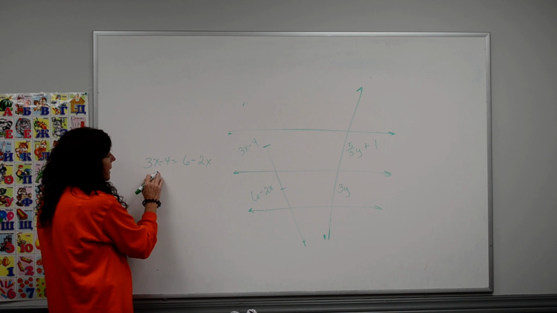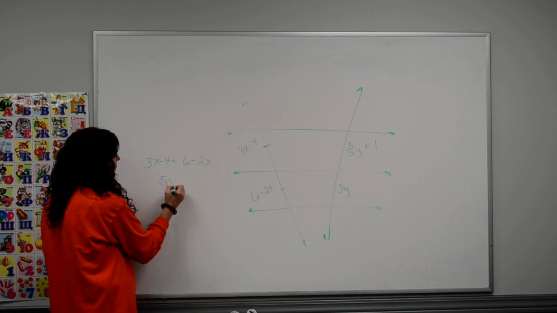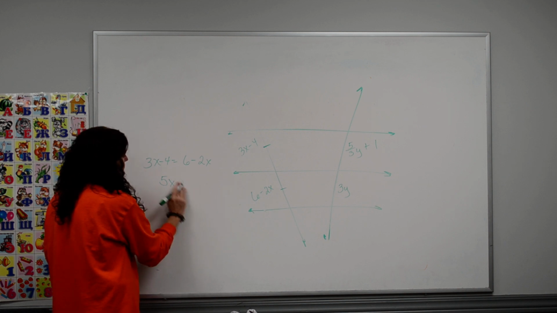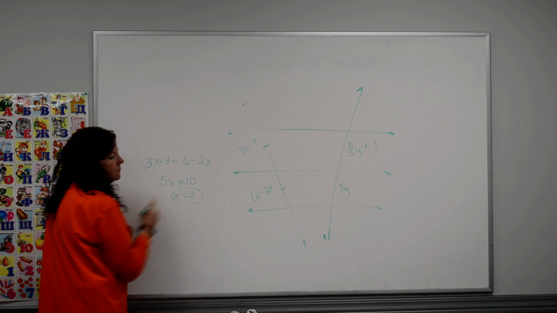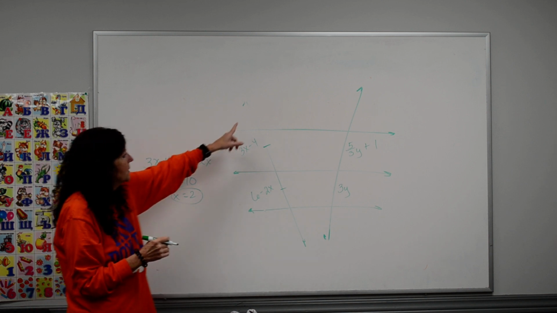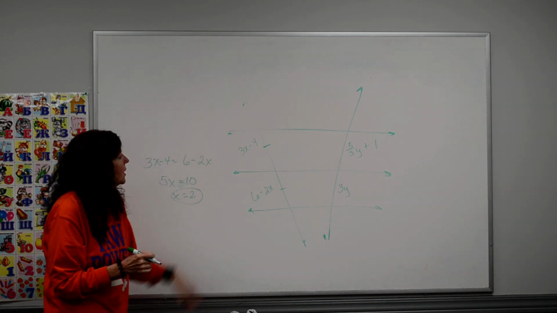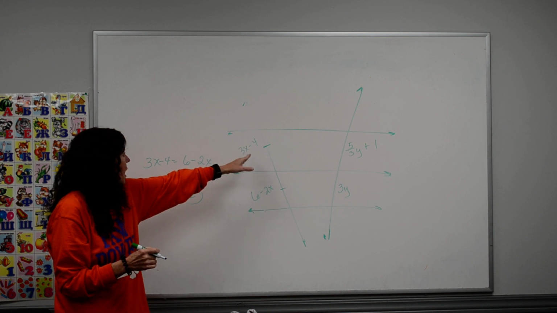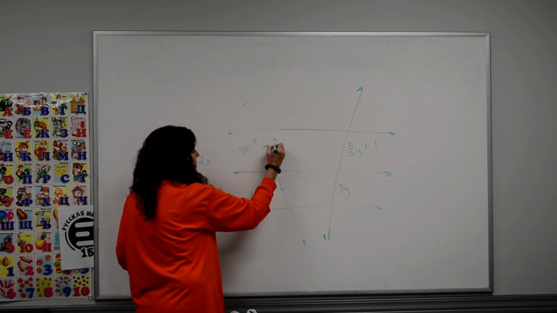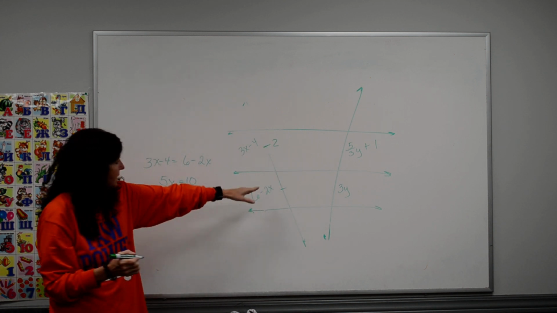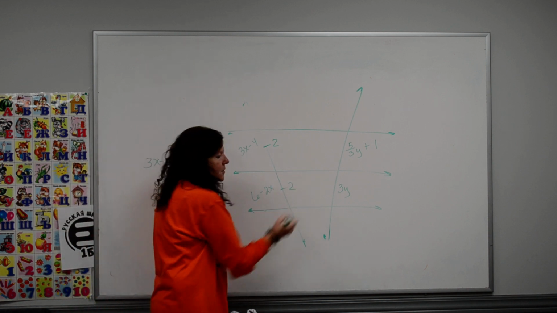I'm going to add the 2x, so I have a 5x. I'm going to add the 4, so I have equals 10. X is equal to 2. Now I can plug those in and find that measurement. So I have 6 minus 4, so this is a 2. Let me verify here. I have 6 minus 4, so this is a 2.